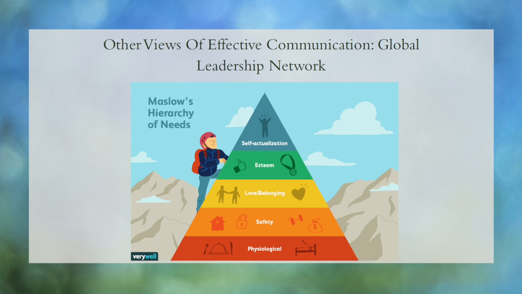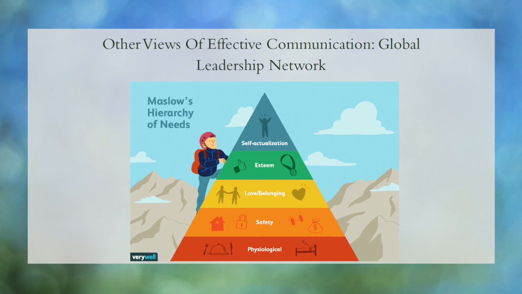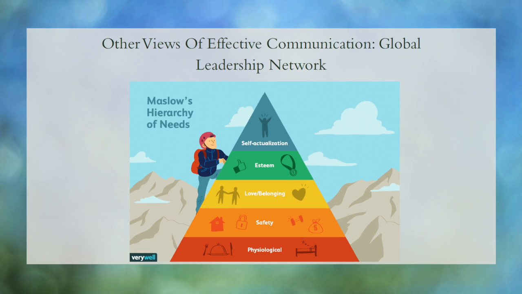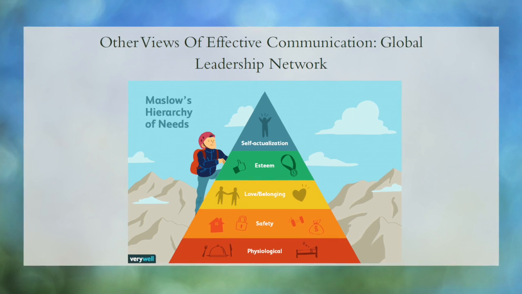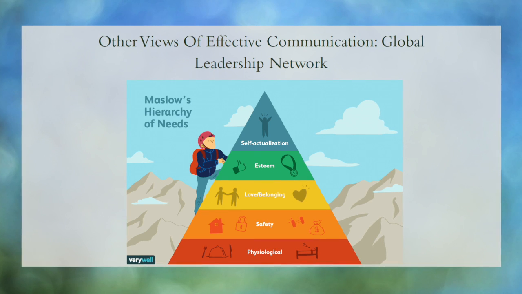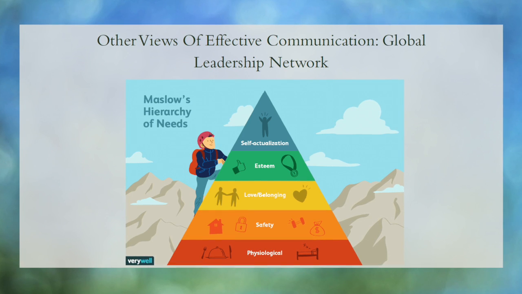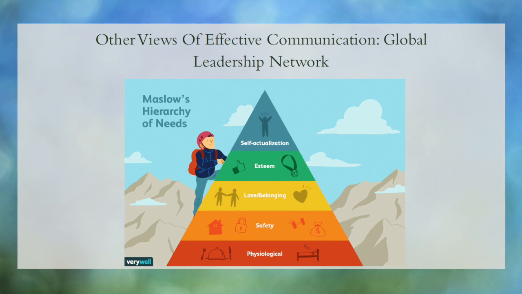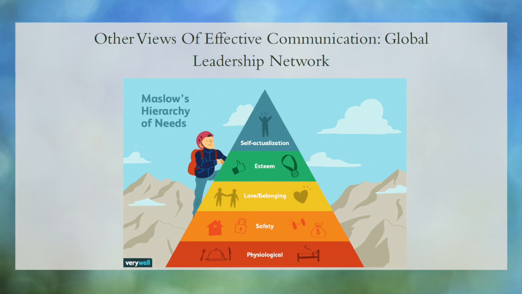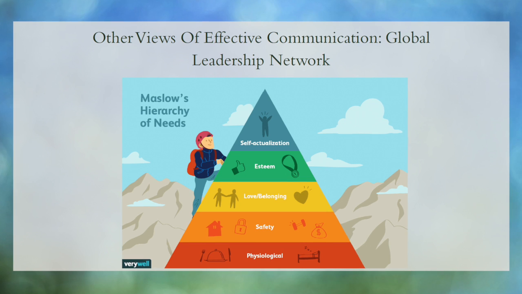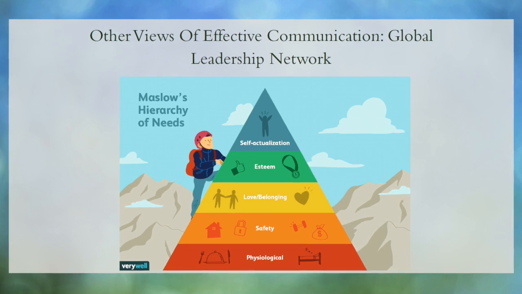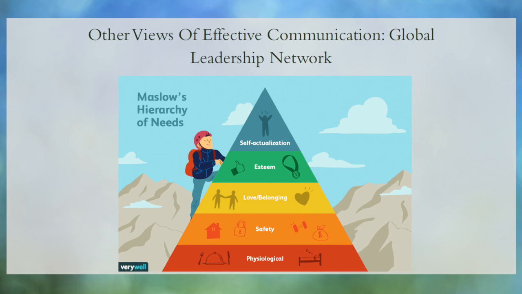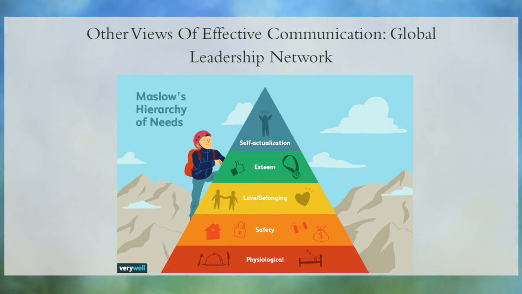Immediately, in other views, I go to Maslow's hierarchy of needs here, because the Global Leadership Network presented a set of 3 standards of effective communication that I loved, and it really reminded me of this. Truly, like with the hierarchy of needs, you're going to take care of your physical needs first, and then it builds up, and then you're building your esteem and believing in yourself, and then you can actually create something that's beautiful.